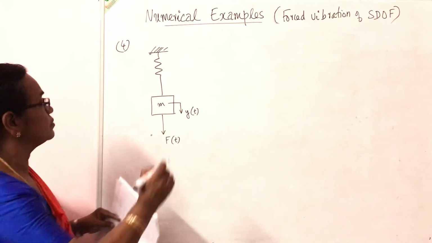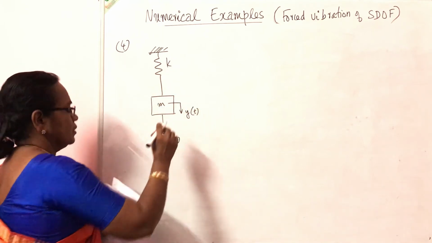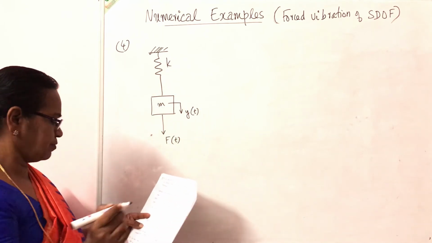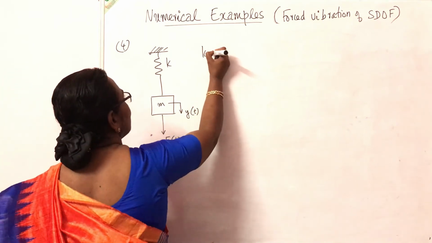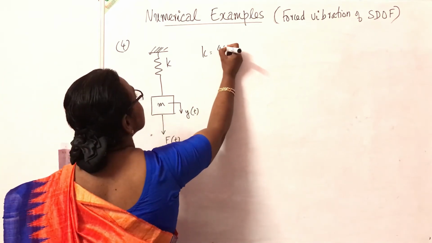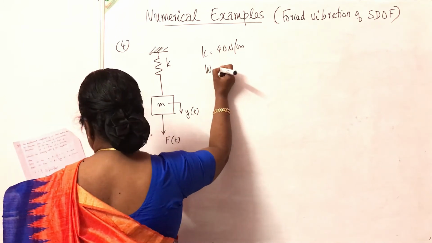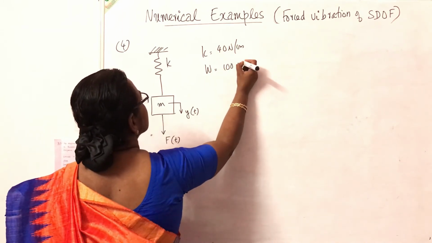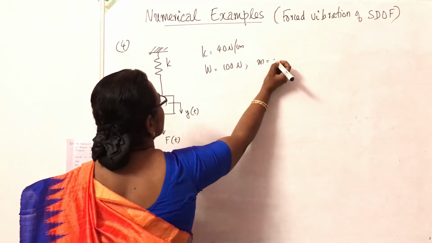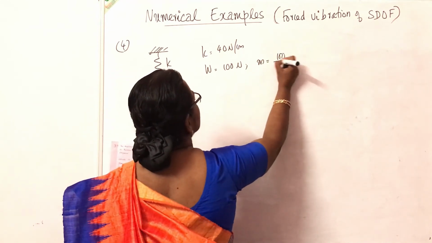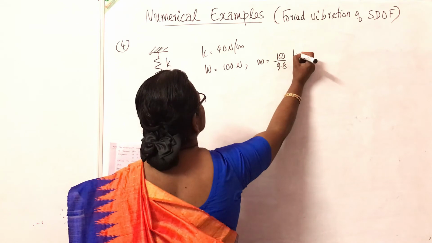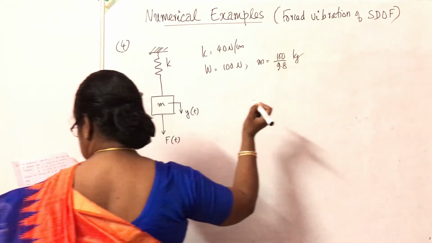In the question, stiffness is given as 40 Newton per centimeter. The weight is given as 100 Newton. So I can calculate the mass as W by g, that is 100 by 9.8 kilogram.